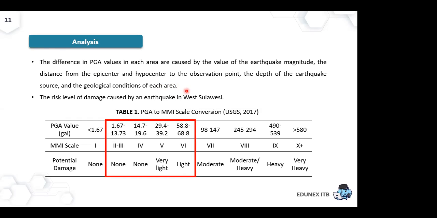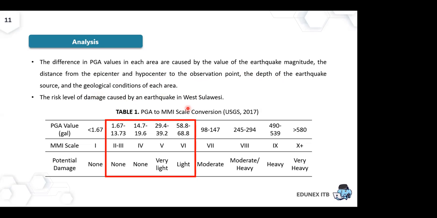Where the greater the magnitude of the earthquake, the greater the PGA value; the closer the distance from the epicenter and hypocenter to the observation point, the greater the PGA value; the deeper the depth of the earthquake source, the smaller the PGA value; and the different geological condition in each area also causes the PGA value in each area to vary.